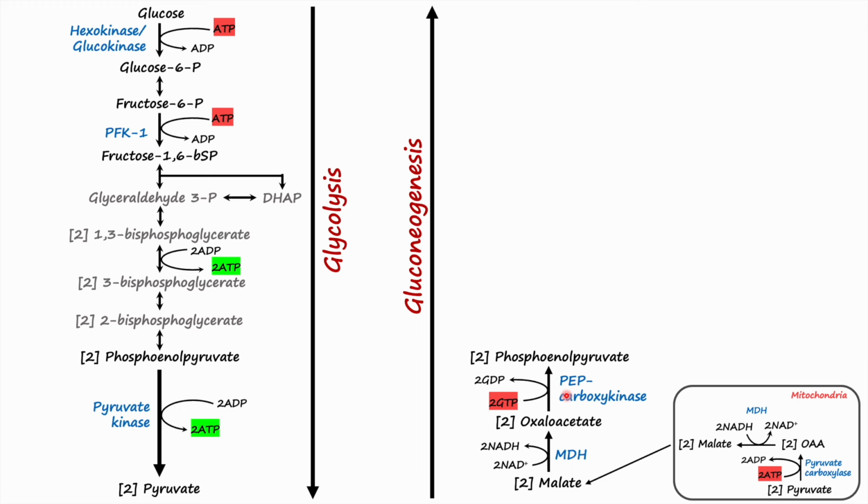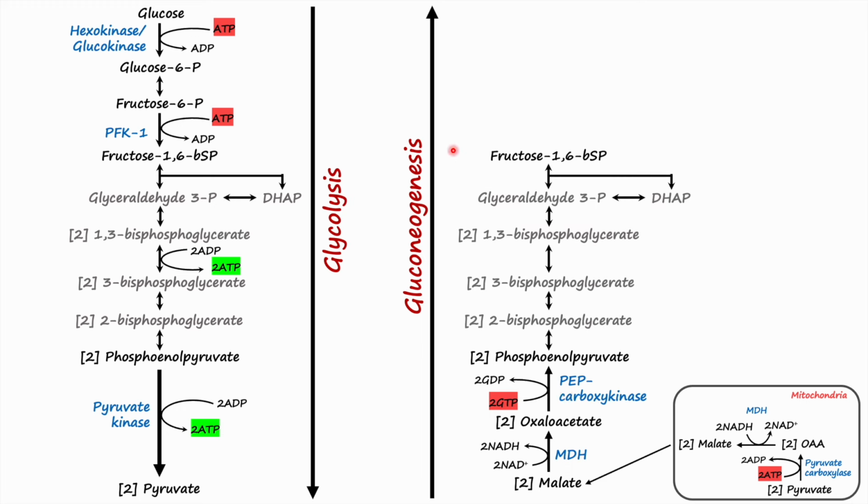Now phosphoenolpyruvate, through a series of reactions, is converted into fructose 1,6-bisphosphate, and in between this reaction, 2 molecules of ATP are used when 3-phosphoglycerate is converted into 1,3-bisphosphoglycerate.